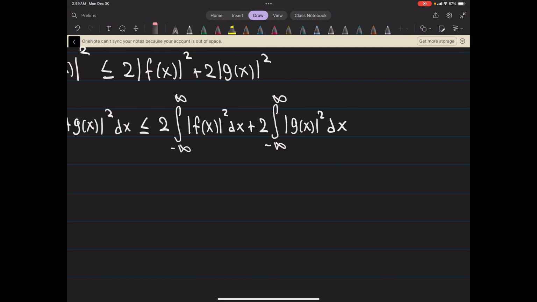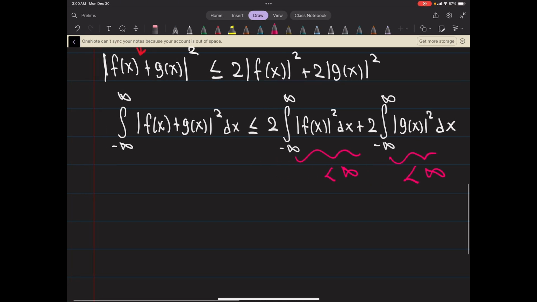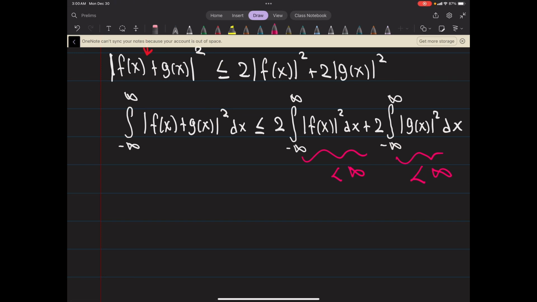You get what I'm saying. This whole term is less than infinity, and this whole term is less than infinity. So two terms that are less than infinity multiplied by 2 and added together, well, that's still less than infinity. So this whole side has to be strictly less than infinity, right?